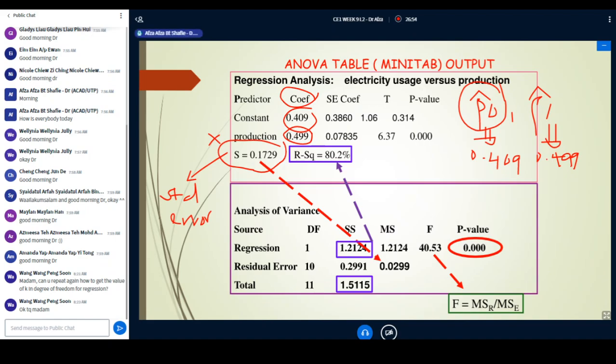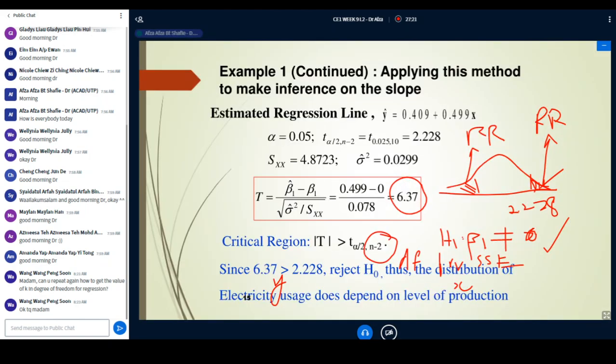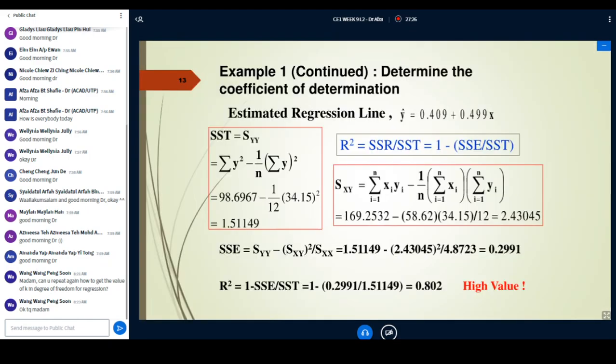The next one is the r squared. So where is r squared? R squared is this value. Sometimes it is given in terms of percentage, sometimes in terms of decimal. So we get a value of 80.2, which is 0.8 in decimal.